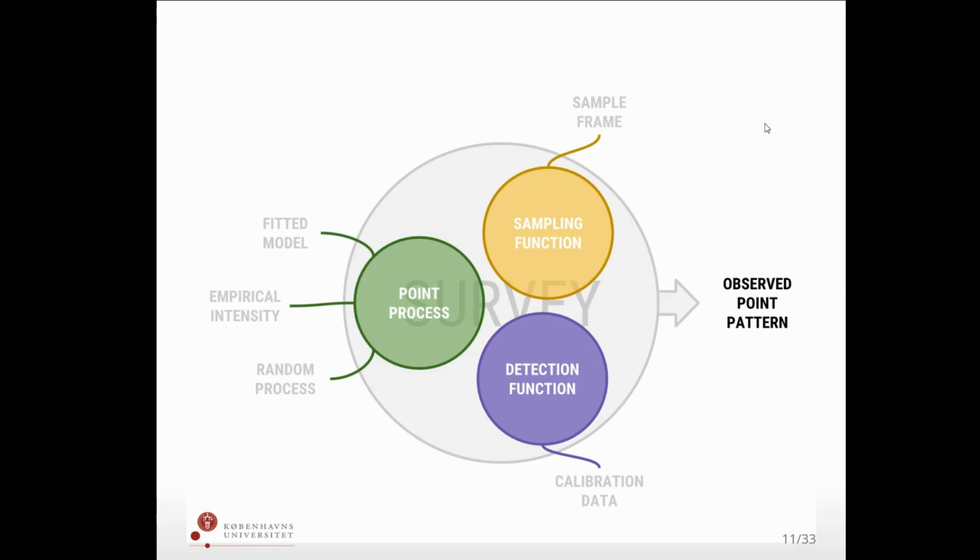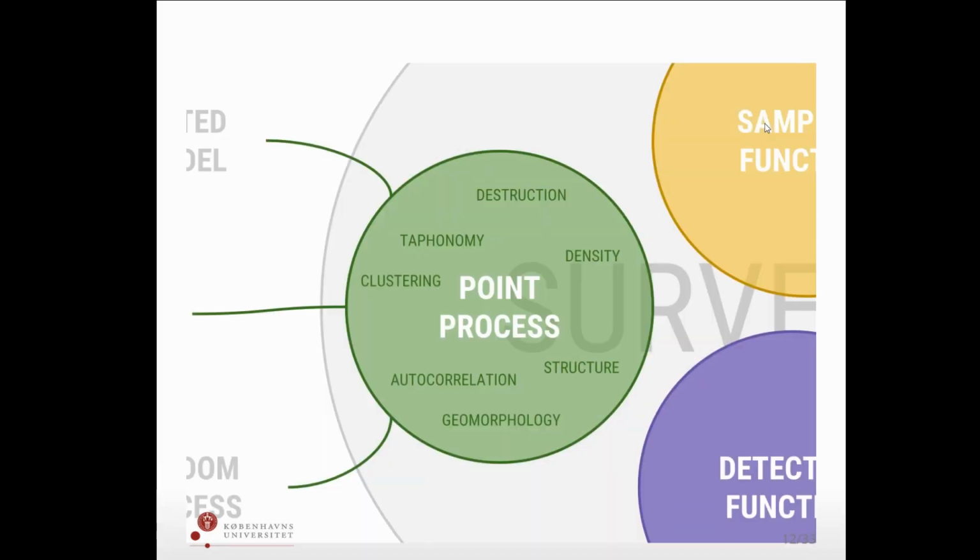So the first of these is the actual target of your survey. You can model this in many ways, but I think the most versatile one is to model them as a point process. So then you can make use of point pattern analysis based statistical methods.